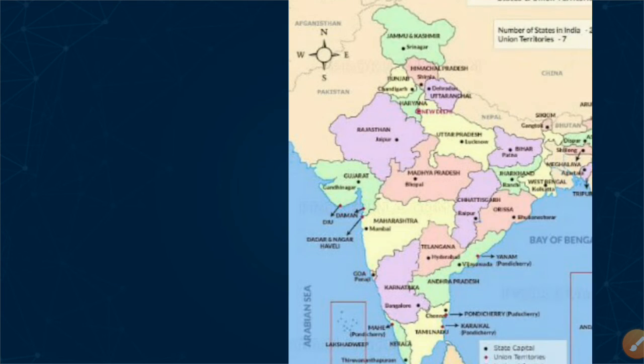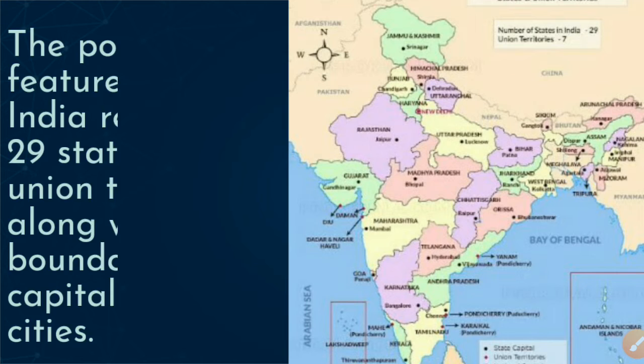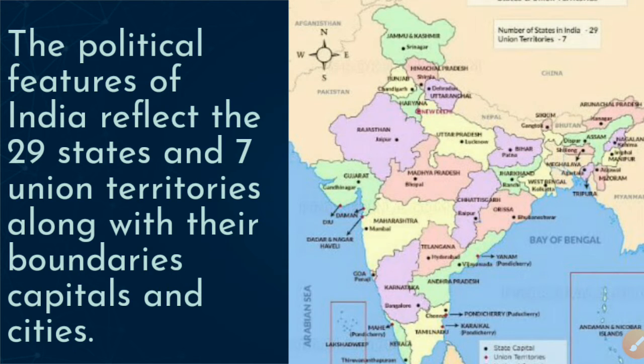Now the political features of India we are going to see, children. The political features of India reflect the 29 states and 7 union territories. I must tell you children, in the textbook it has been given 28 states and 8 union territories.